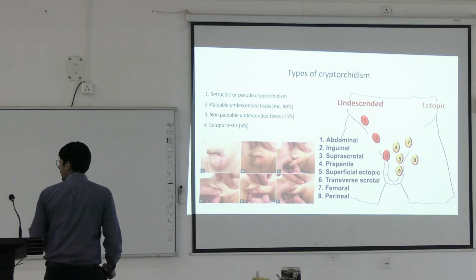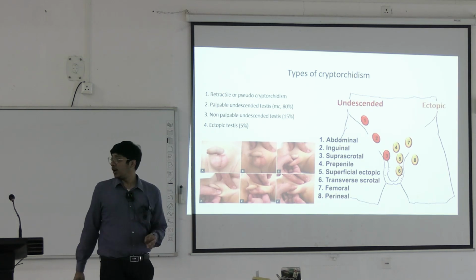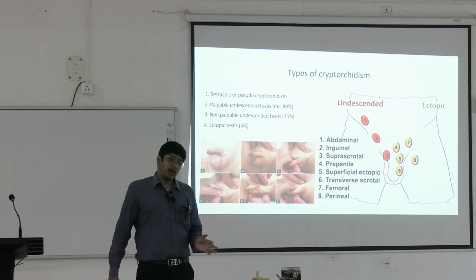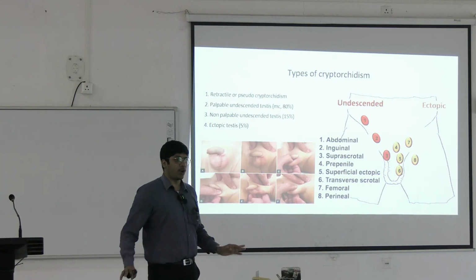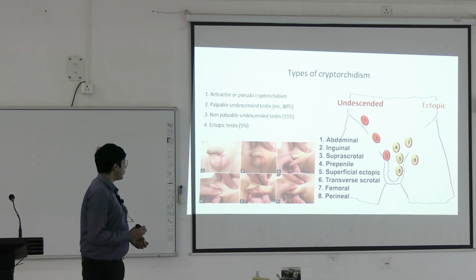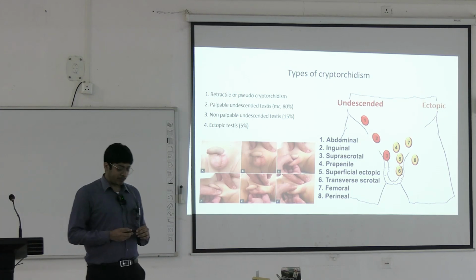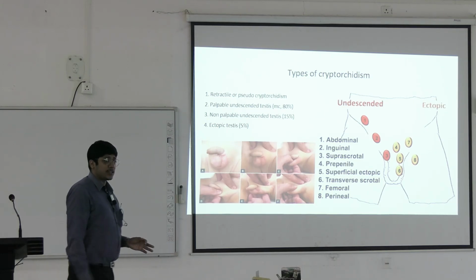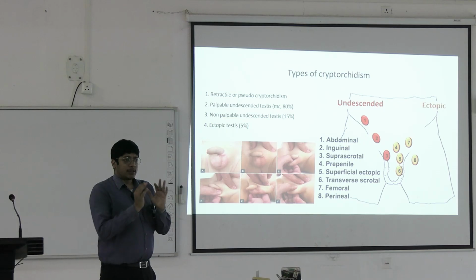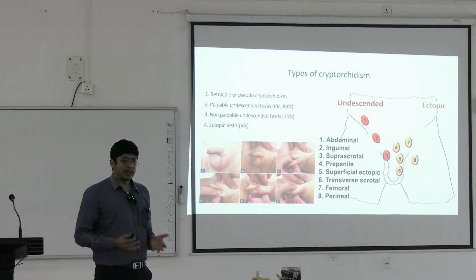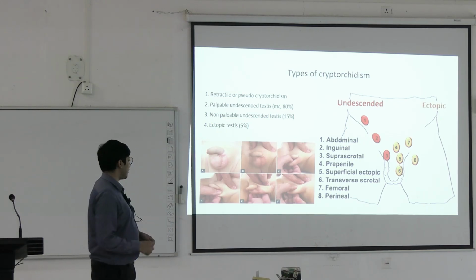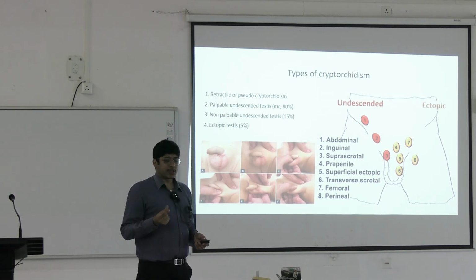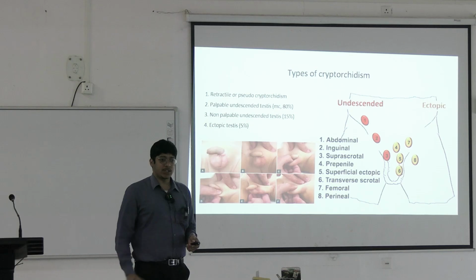So, how do we decide whether the testis had ever descended or not? It can be anticipated by clinical examination of the scrotum. A scrotum which has once harbored the testis will have specific characters. Number one, it will be thick walled. The scrotum will be thick walled, capacious.